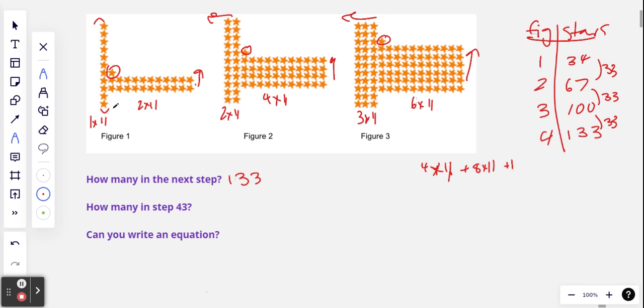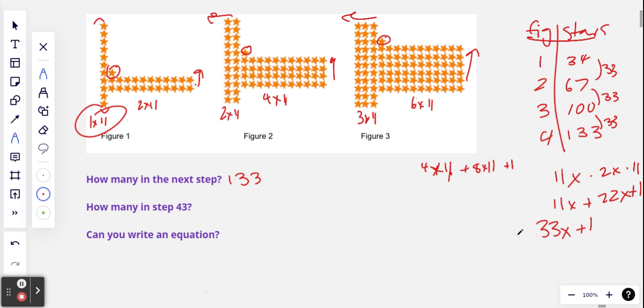So this first part is the step number times 11. So that first part is 11x. And the second part is the step number times 2 times 11. So 2 times the step number times 11. So that would be 11x plus 22x. And then we've just got this 1 hanging out. So that gets added. So 11x plus 22x would be 33x plus our leftover 1.